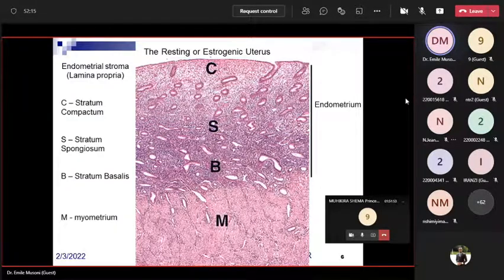This one is a kind of review of the histology of the endometrium. We see here the stratum compactum. We have the endometrial gland, stratum spongiosum, and stratum basalis, and here there is muscle. And here there is epithelium.